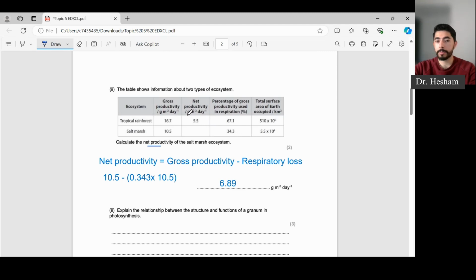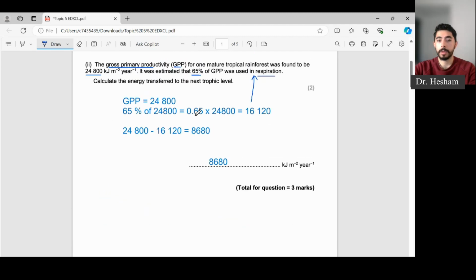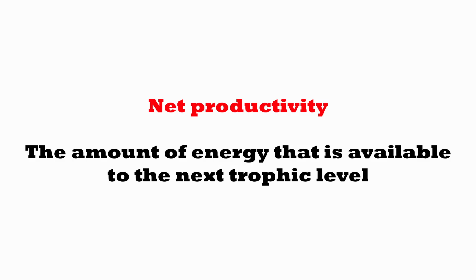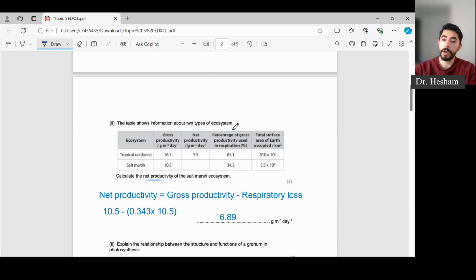So how do you find the net productivity? Net productivity has the same meaning as transfer to the next trophic level. So they want the same thing. So net productivity is the amount of energy which is available to the next trophic level. How do we find this? The formula for this is net productivity equals gross productivity minus respiratory loss.